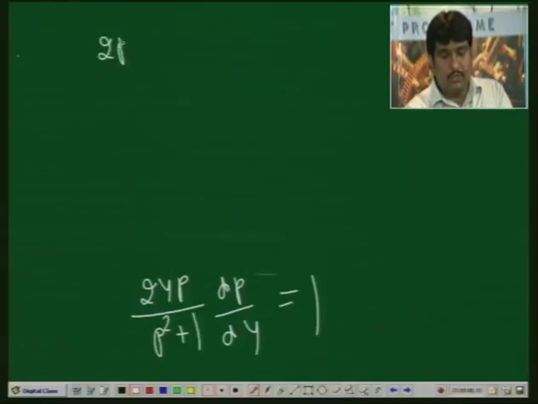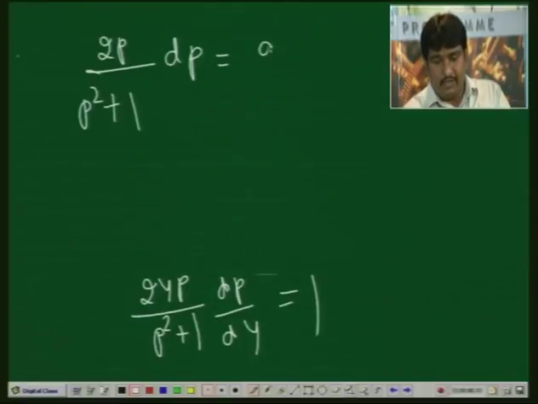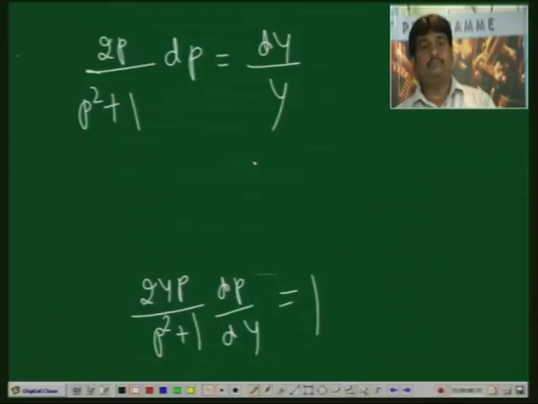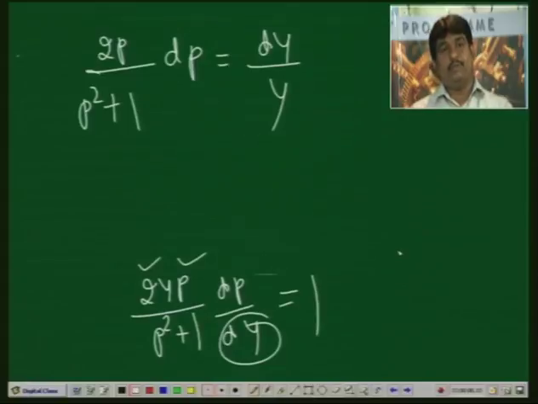You will be left with 2p divided by p square plus 1 into dp, that is equals to dy divided by y. So this 2p and p square plus 1 remains in the LHS, and you just cross multiply dy and y to get 2p by p square plus 1 into dp equals to dy by y.